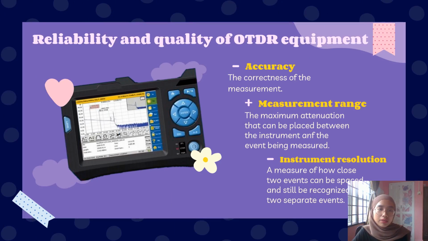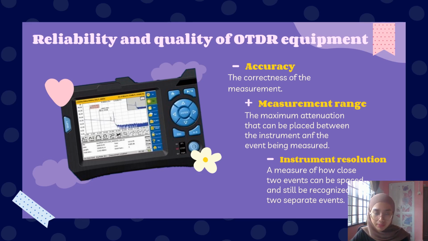Next is the reliability and quality of OTDR equipment. This is the image of the OTDR. This is the monitor for the signal or wave, and this is the signal button, function button. Okay, there are three explanations about the reliability and quality of OTDR equipment.